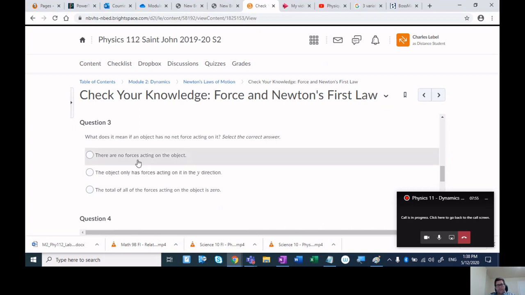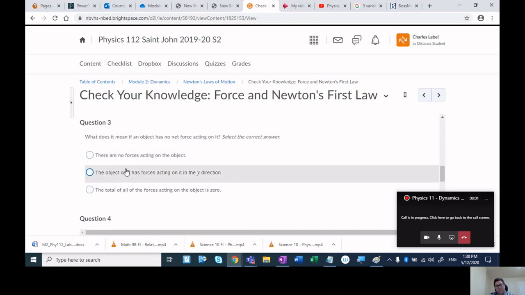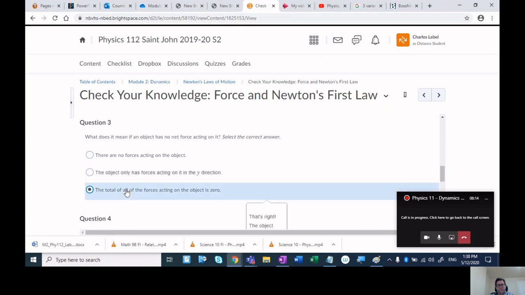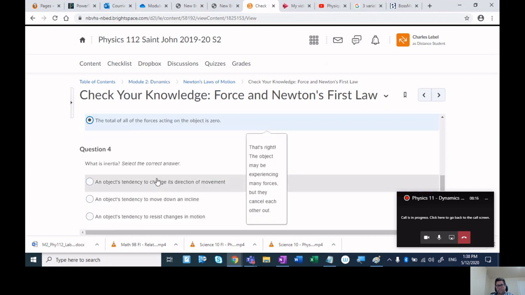No net force acting on the object. It's not that there's no force. Net force 0 doesn't mean that there's no force. An object has forces acting on it in the y? No. The total of all the forces acting on it is 0.